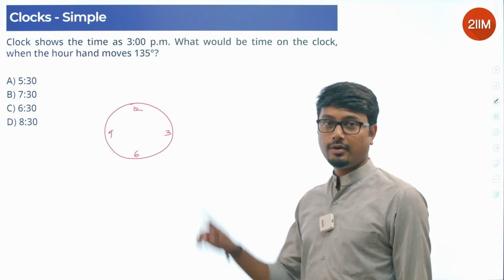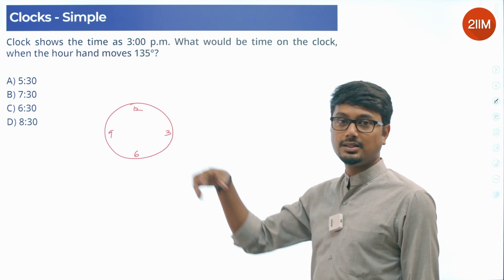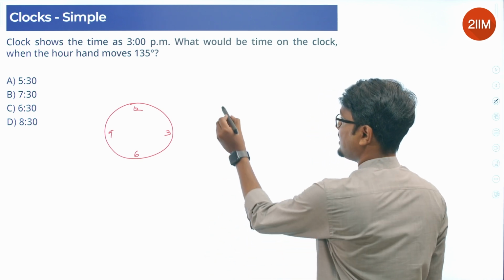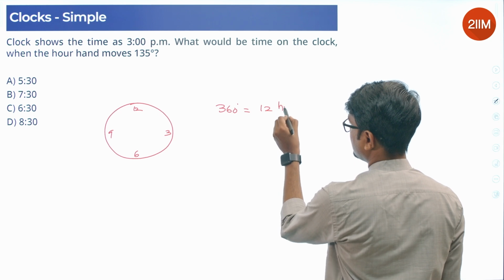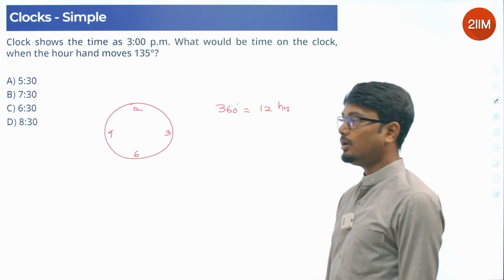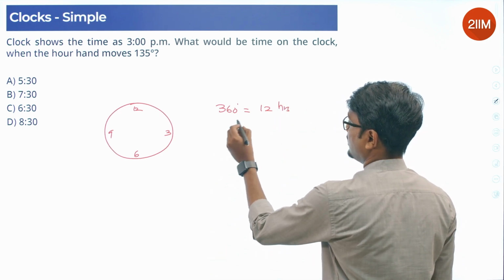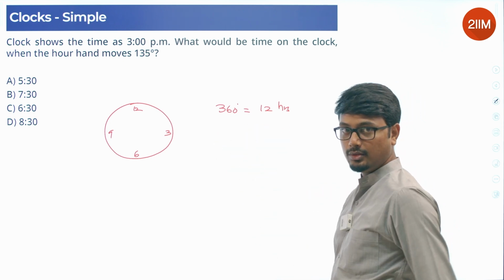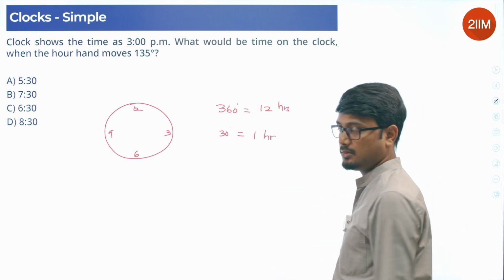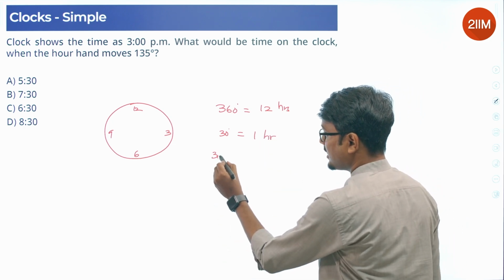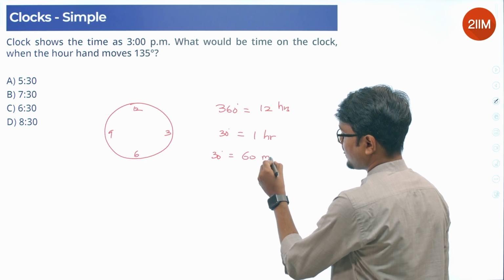Hour hand from 12 to 12, it is altogether 360 degree. So it is crossing 360 degree in 12 hours. Or we can also think like this. Divide by 12, you will say 30 degree in 1 hour, or technically 30 degree in 60 minutes.